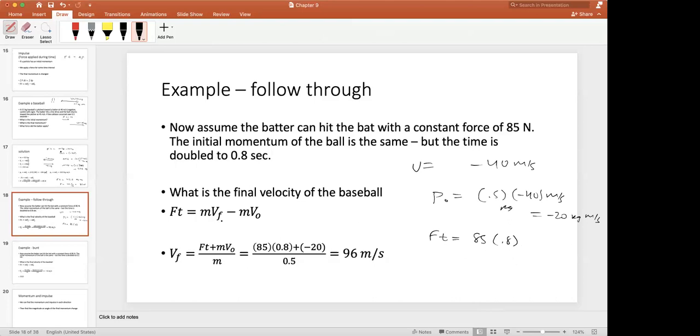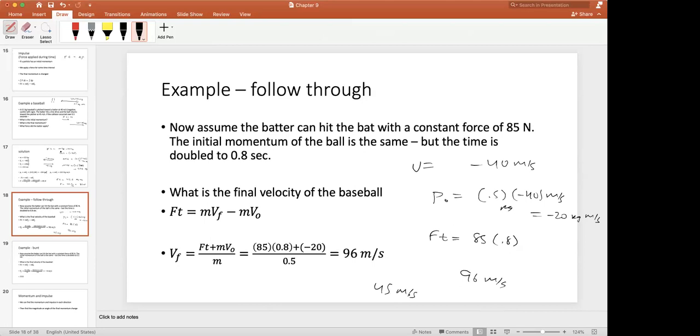And from this equation, if we want to find what V final is, move this over. So we get force times time, impulse, plus MV initial, and then divide by m. And we see that we get 85 times 0.8 plus negative 20, all divided by 0.5, and we get 96 meters per second. Remember before we were getting 45?